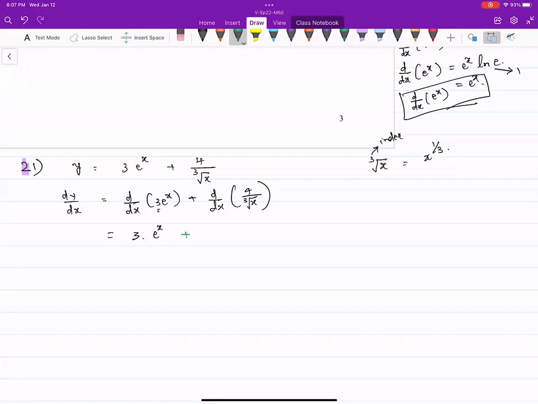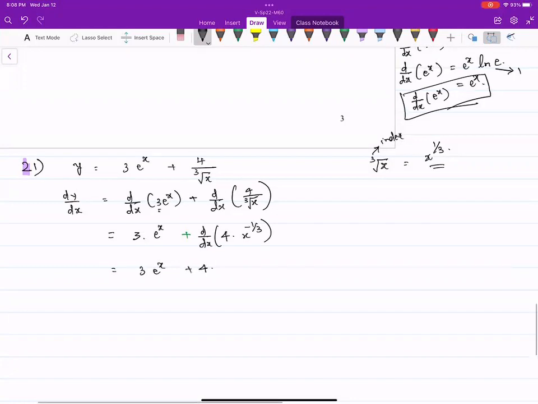Then for the second part, you can write this as d by dx of 4 times x to the 1/3 below, which can be written as x to the negative 1/3 up. So it is 3e to the x. 4 is a constant which can come out of the derivative. Then it is x, the variable, to an exponent.